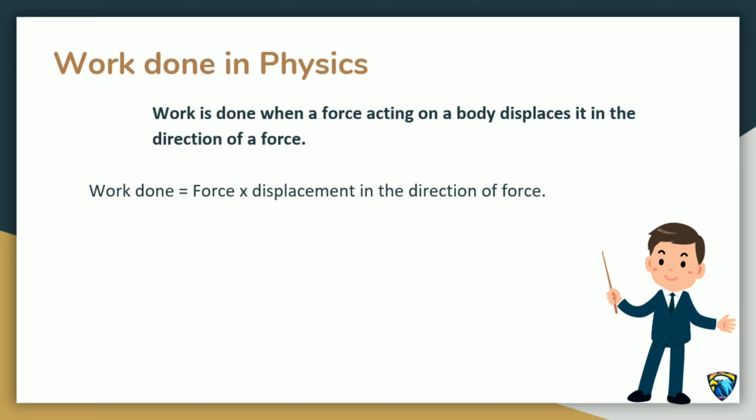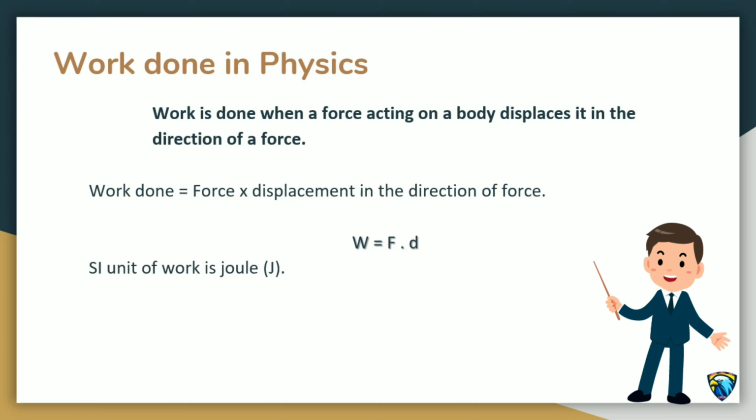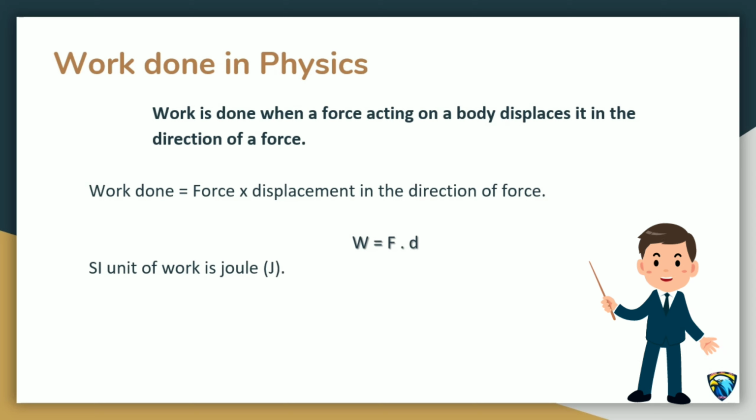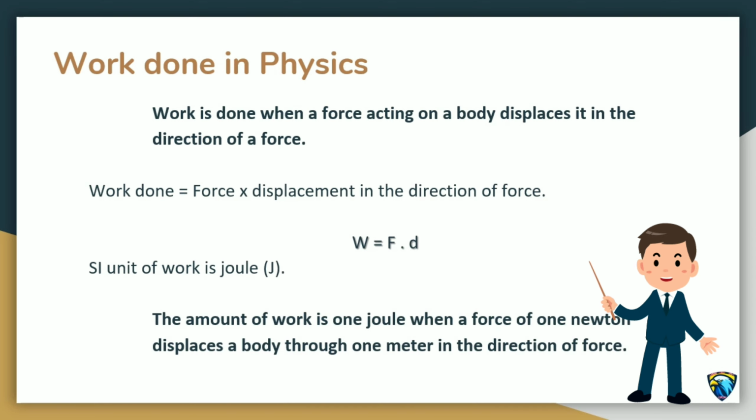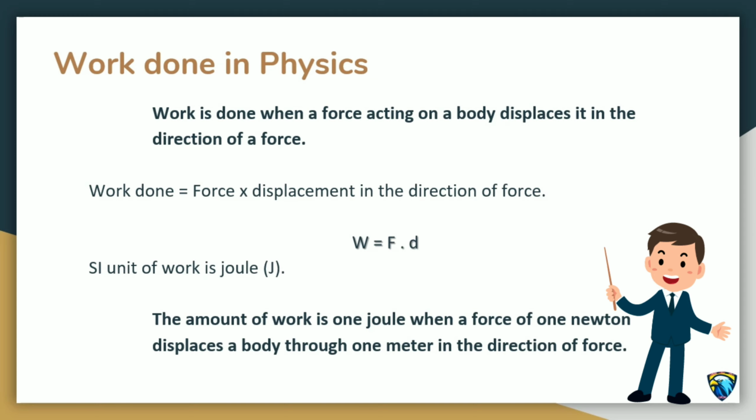The formula to calculate work done is force into displacement in the direction of force. And the SI unit of work is joule, which is represented by capital J, and joule is defined as the amount of work done when a force of 1 Newton displaces a body through 1 meter in the direction of force.